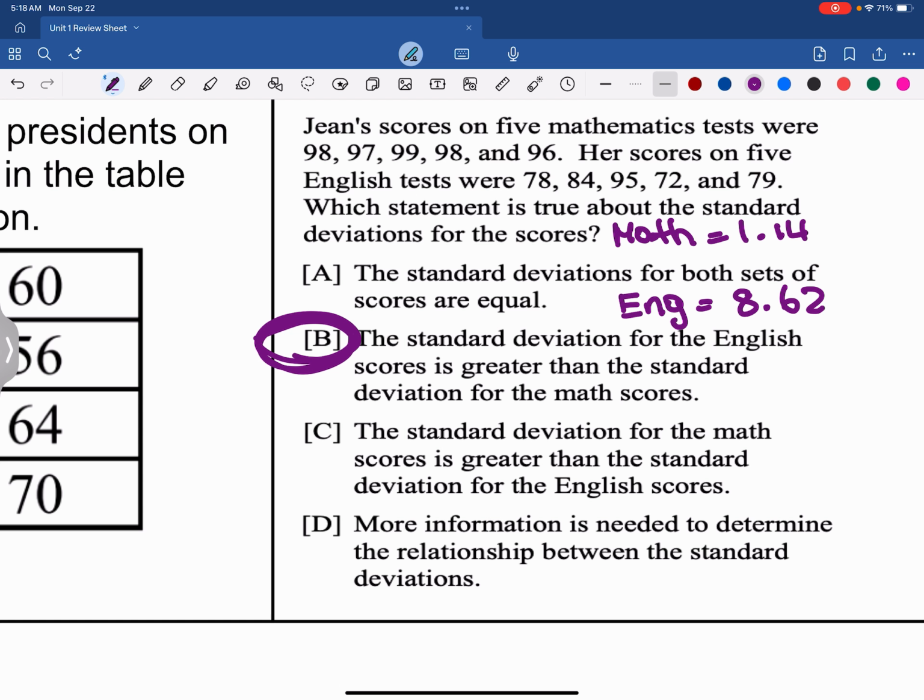Let's just double check the others. The standard deviation for the math scores, 1.14, is greater than the standard deviation for the English scores. Obviously, that's not true, so it's not C. And then more information is needed to determine the relationship between the standard deviations. Well, we already calculated it here, so it's definitely not D, which leaves us with our answer of choice B.